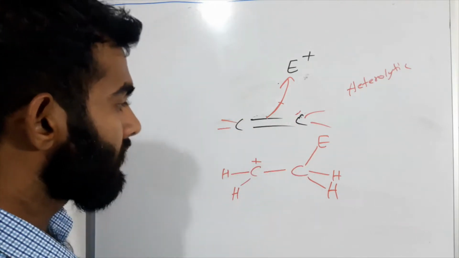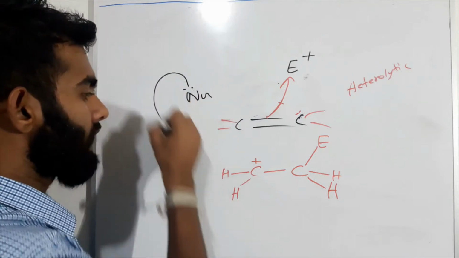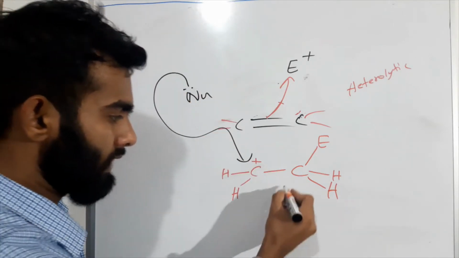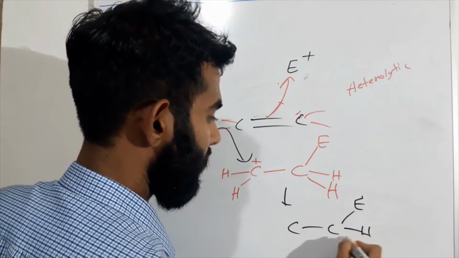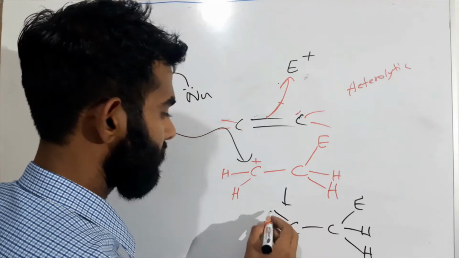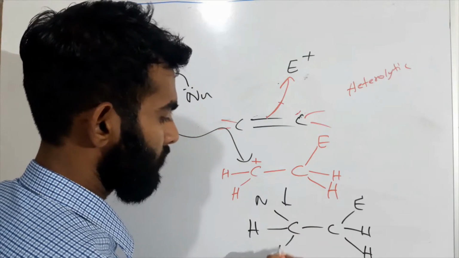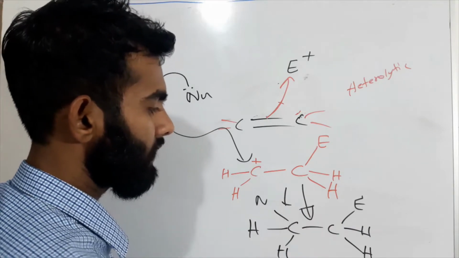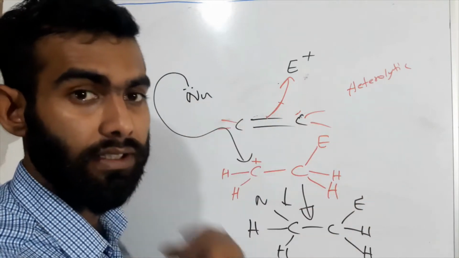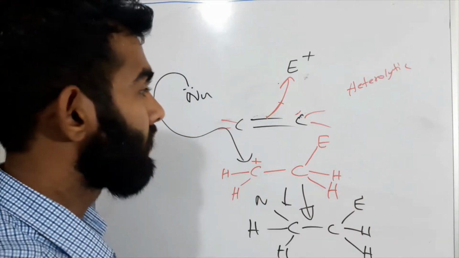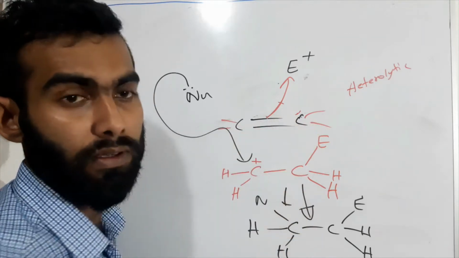At that time another nucleophile will come and attack this positive charge. It will stabilize and form this type of alkane product. The carbon loses its pi bond, so it will become like this. That's the basic thing going on in the electrophilic addition reaction of alkenes.